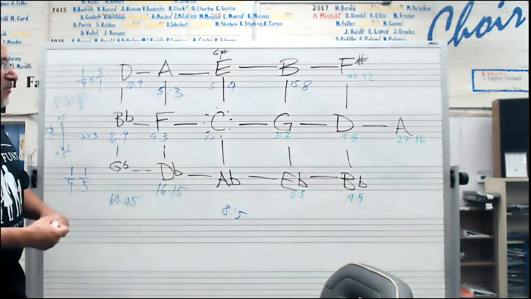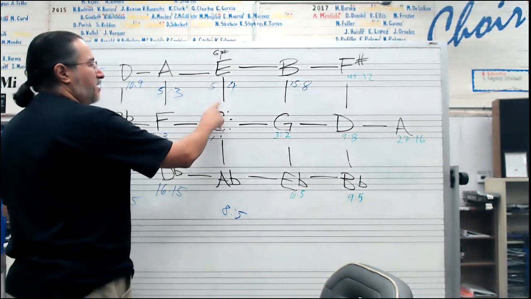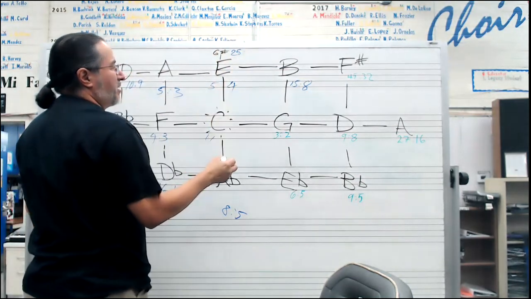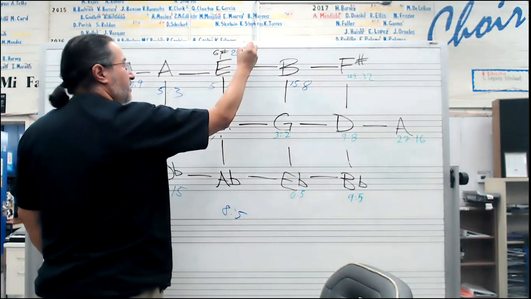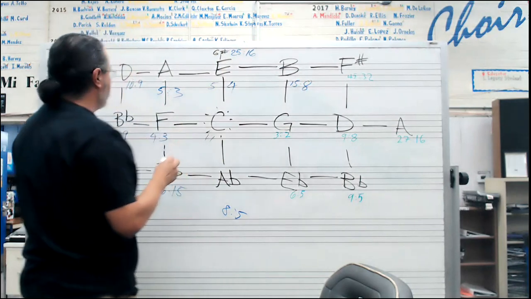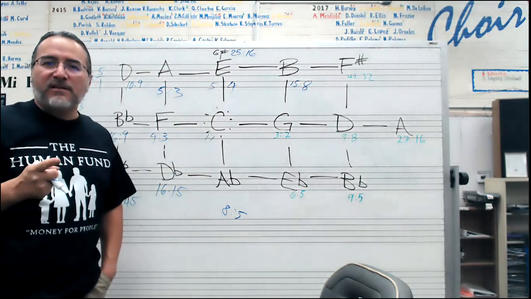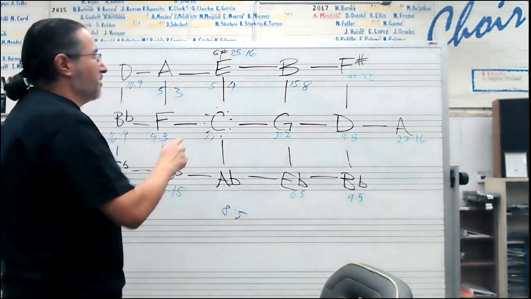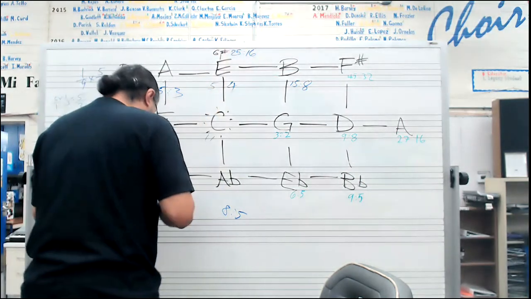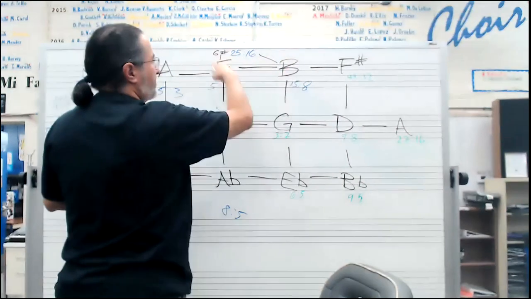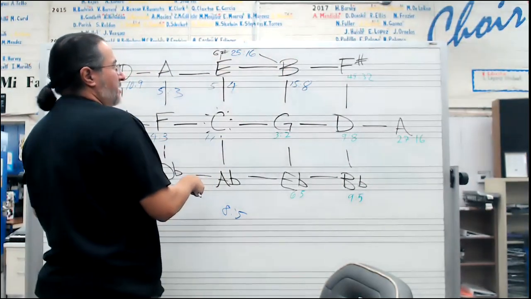We can figure out the math if we want to. So what do we do? Times 5 times 5. That's 25. And the bottom will be 16. 25 to 16. Make sure I did that right. So we got a 25 to 16 G sharp, which is up around here, which gives us, if I extended this lattice or had more board, you would see that there's this major triad here, right?